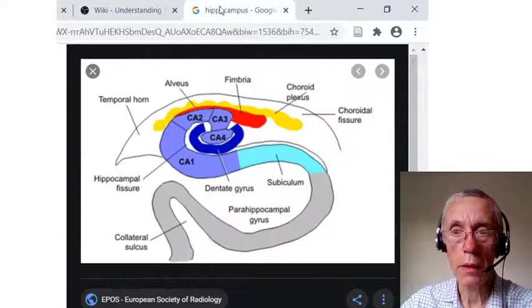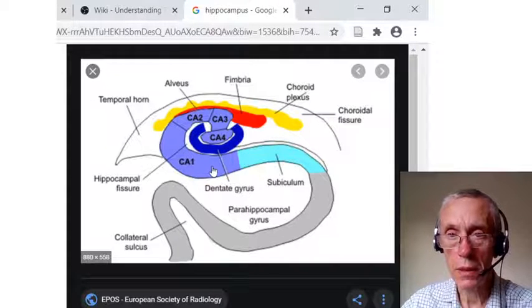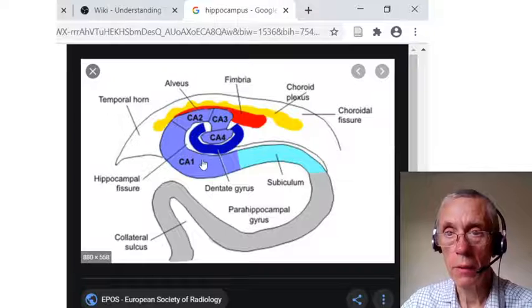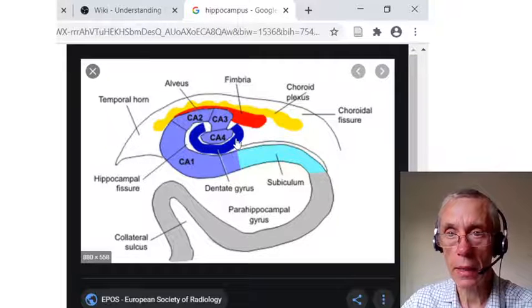So here's another drawing of the same sort of idea, but we're beginning to take our focus out again now. I pointed out CA1 and CA3. So this is that kind of claw-like structure of the hippocampus itself. And here's the dentate gyrus, which is a bit like a fingernail. Actually, it's called dentate gyrus because it looks like a tooth, so I'll call it a tooth from now on.